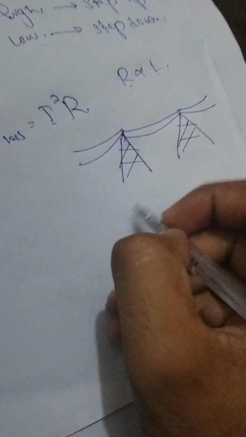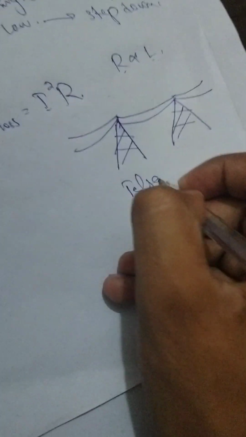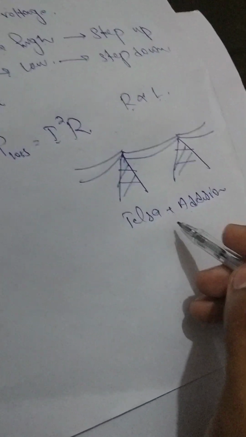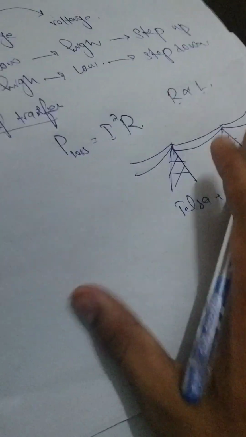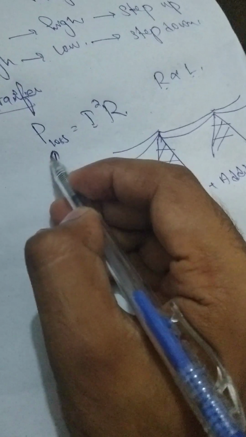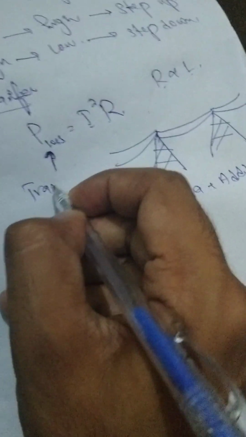So for long distance transmission of electricity, Tesla and Edison were the scientists, before the transmission line, AC and DC voltage. So these scientists found that the power losses are very great. So to minimize these power losses, we created transformers.